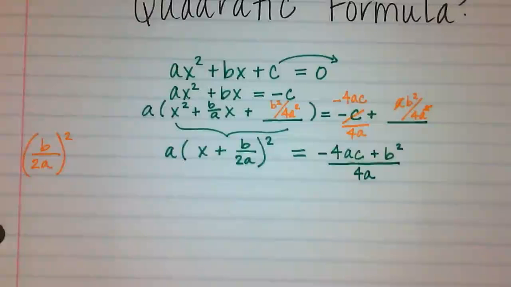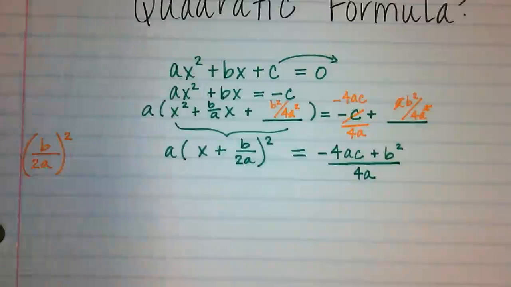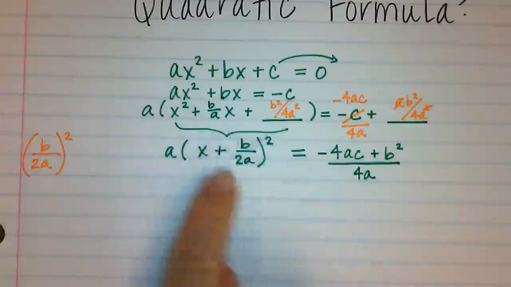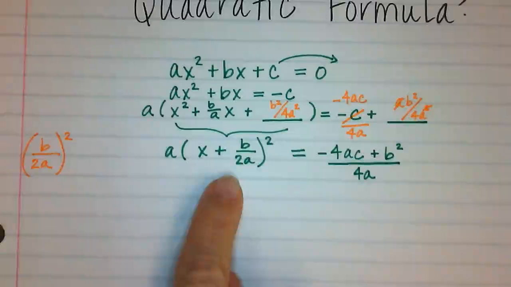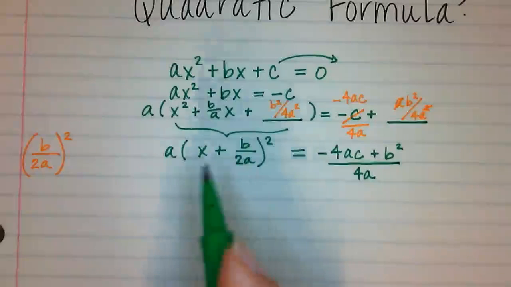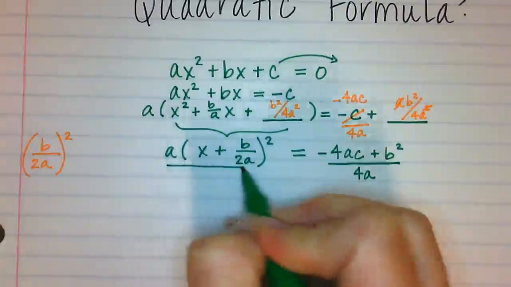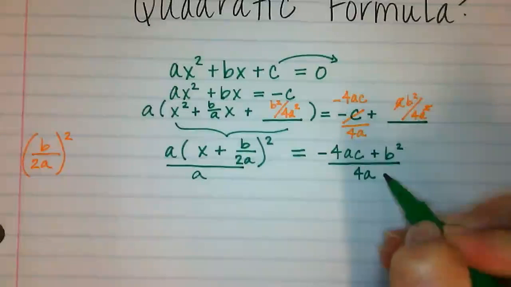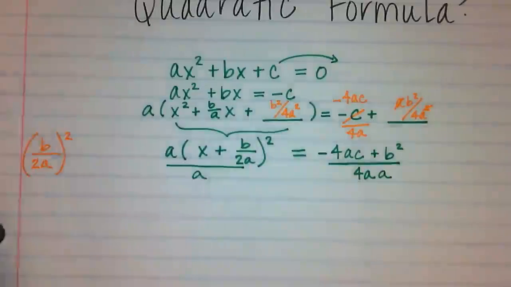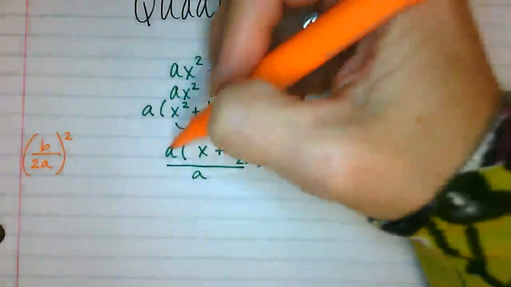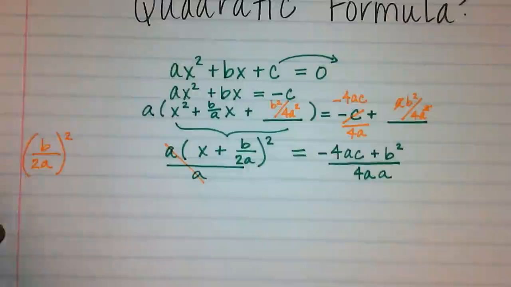All right, so now the next thing that needs to happen is that I need to get this squared part by itself. In order to do that, I need to divide both sides by a. So divide this side by a, divide this side by a, and this is going to cancel right there.